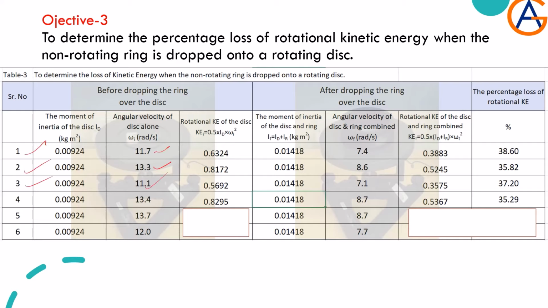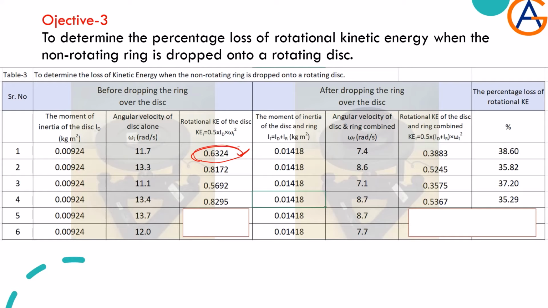Then the kinetic energy formula: the rotational kinetic energy is half, that is 0.5, multiplied by the moment of inertia of the disk multiplied by the square of the angular velocity. With this formula, 0.5 multiplied by this, multiplied by this, the square of 11.7, we get the rotational kinetic energy of the system before dropping the ring onto the disk. It is this much.